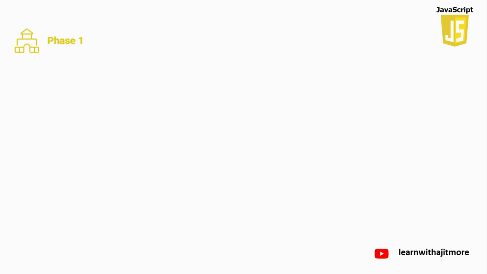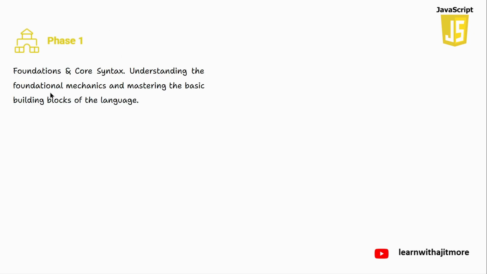So all those basic things we will cover in this first module, that is foundation and core syntax, understanding the foundational mechanism and mastering the basic building blocks. Basic building blocks are identifiers, keywords, operators. Then, using operators, we'll write expressions, then blocks. Then we will be writing control flow like if else and loops. All these are basic things. While learning this, we'll be solving a lot of exercises also. Don't worry.